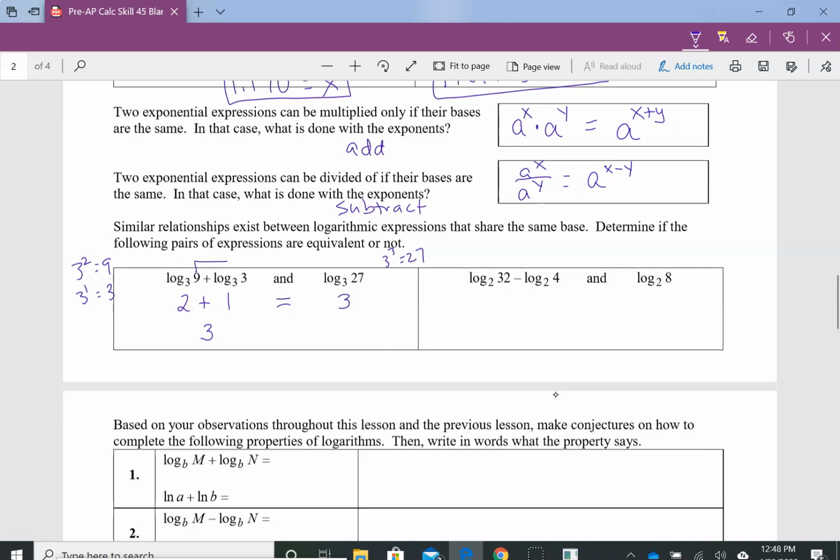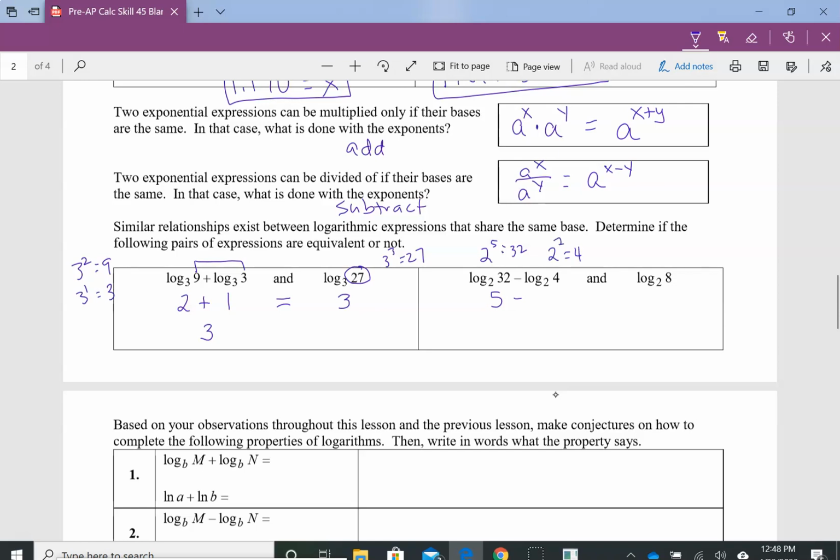What do you think I would have done to the 9 and the 3 to get this 27? If you were saying, oh, I multiply them, you would be correct. Okay? Likewise, on this one, if I have log base 2 of 32, that's the same as saying 2 to the 5th is 32, so that means that's 5. And log base 2 of 4, so 2 to what exponent makes 4?